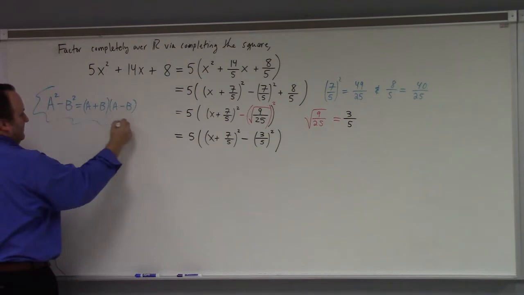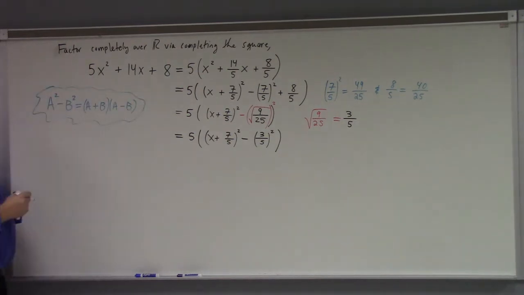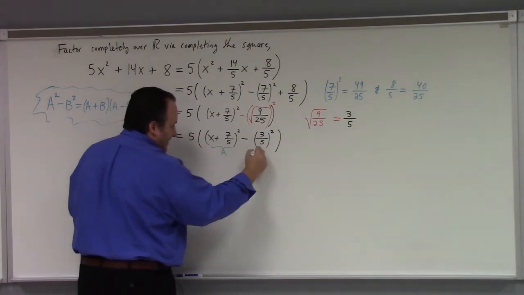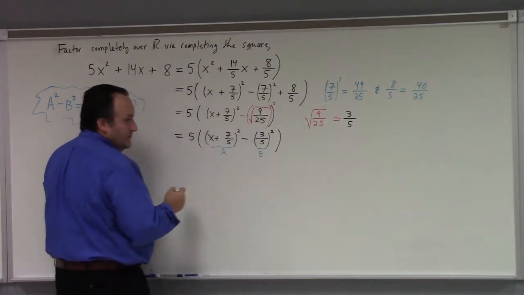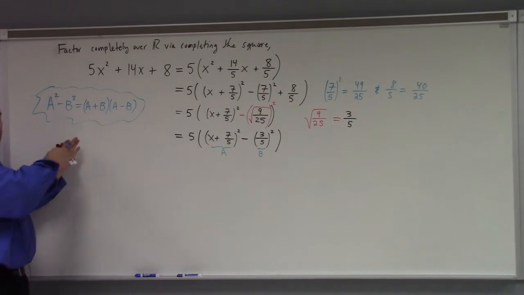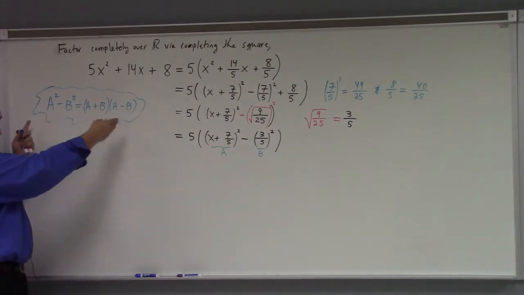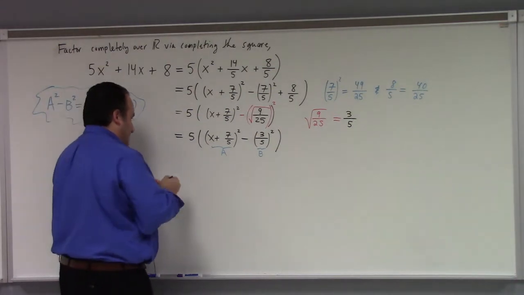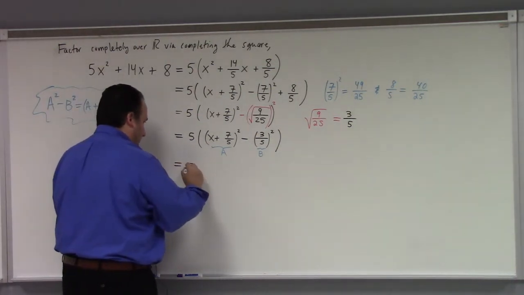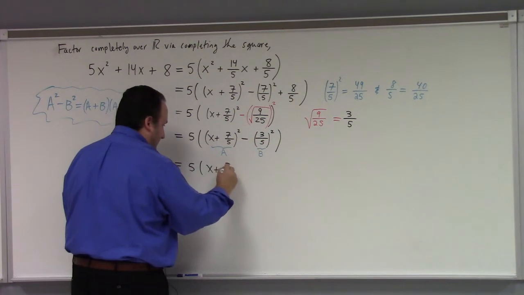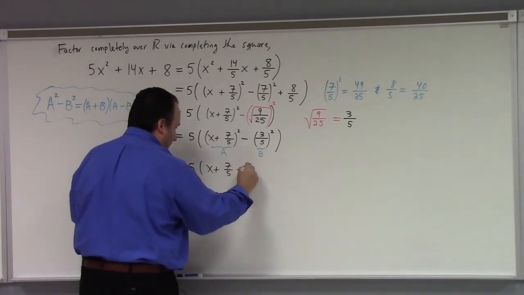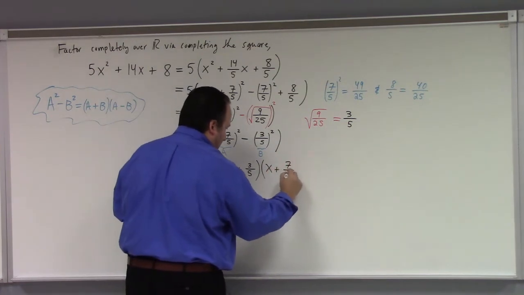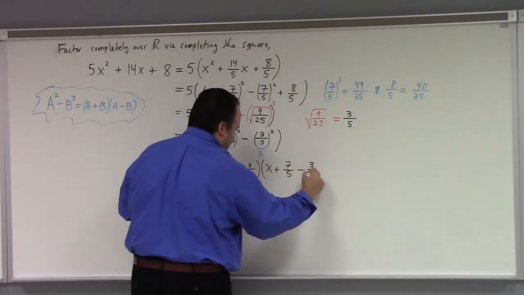So this is the difference of squares. So look at this here. Think of this as what? A quantity squared, and this is my b squared, right? So this is the pattern, a squared minus b squared, so I can factor using this template, right? And so here it is. 5 times x plus 7/5 plus 3/5 times x plus 7/5 minus 3/5.